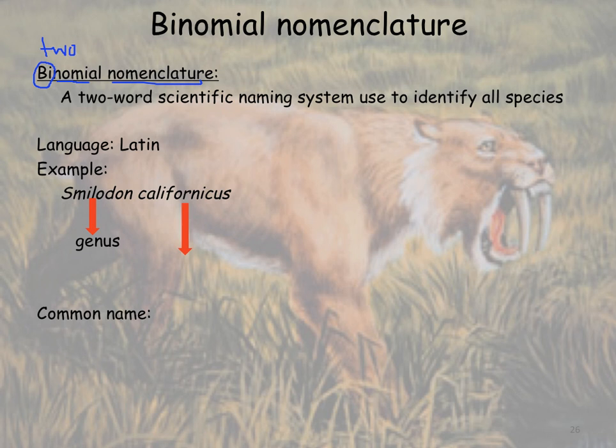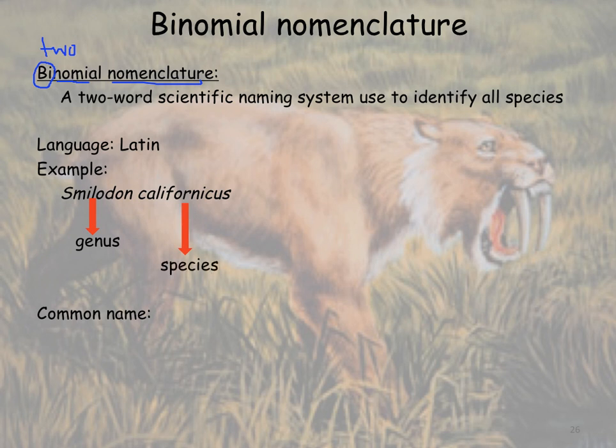It also gives you descriptive information about the species. So, before we go further, let's review what the terms genus and species mean. You may remember these from yesterday when we discussed the taxa of modern classification. And you saw that genus and species were the smallest, most specific taxa.